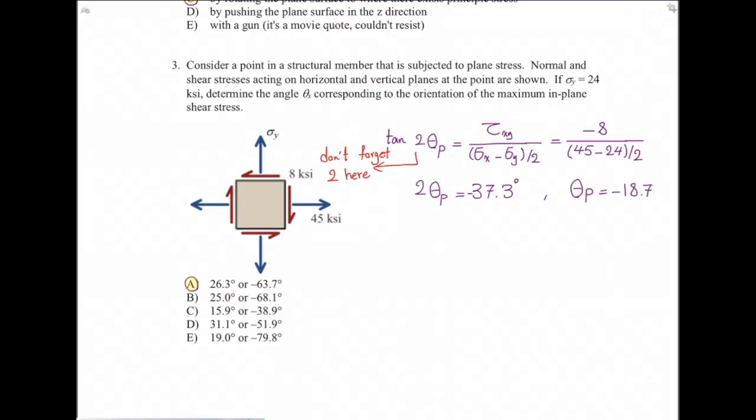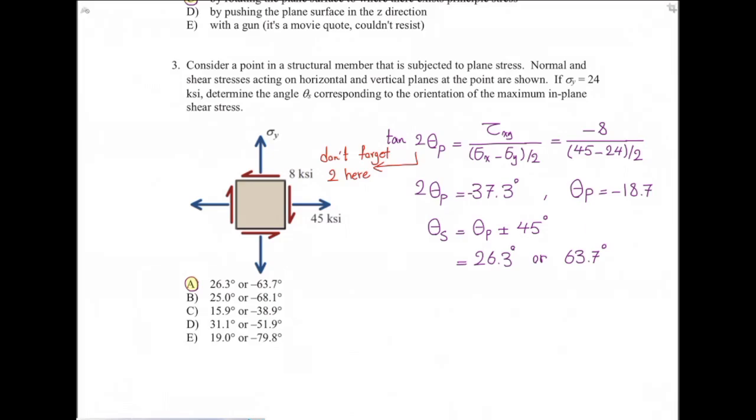But I don't see that 18.7 over here. Why? Because that is theta p that gives me the principal stress. But I'm looking for theta s, the maximum absolute shear stress. And that would be equal to theta p plus and minus 45 degrees. And if I do that, I will get these two numbers, 26.3 or negative 67.3.